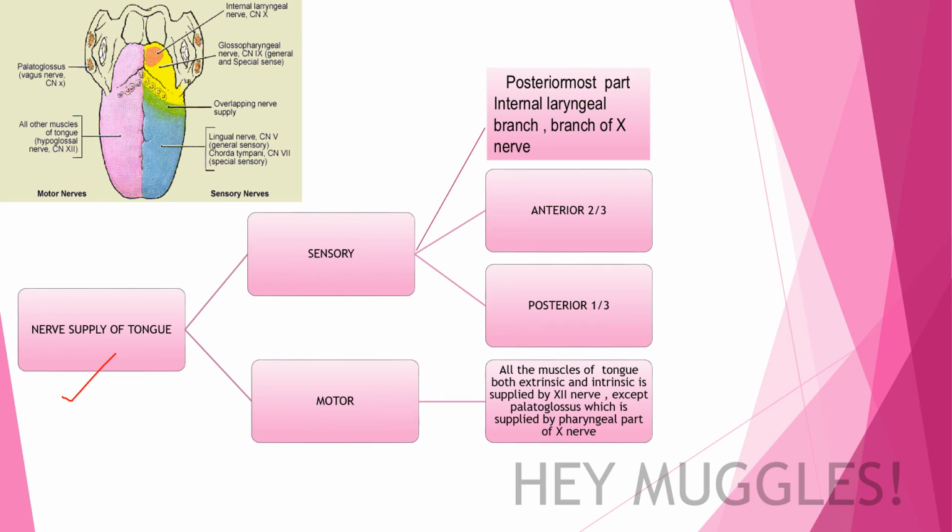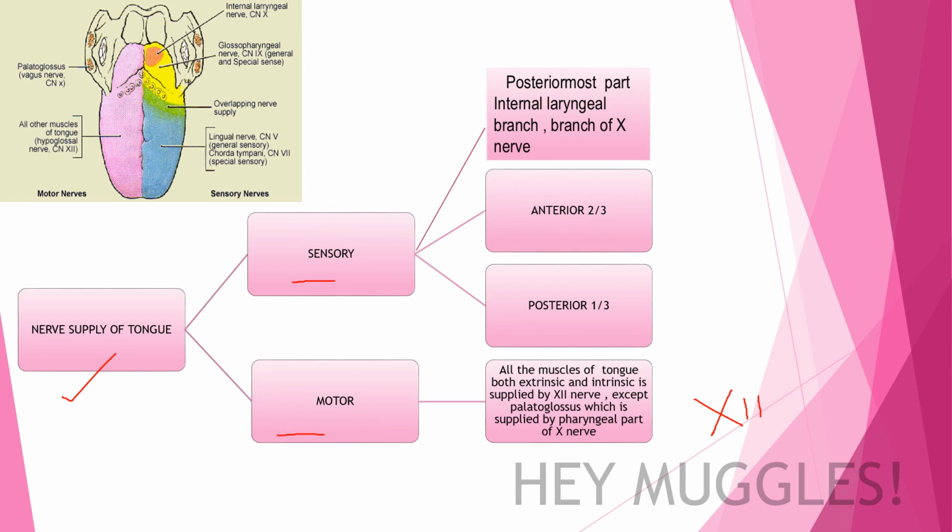We're going to study the nerve supply of the tongue in two parts, that is its sensory innervation and its motor innervation. What is meant by motor innervation? Motor innervation is by the efferent nerves that transmit impulses from your spinal cord and brain to the muscles of the tongue, right? The hypoglossal nerve, that is your 12th cranial nerve, provides the motor innervation to all the intrinsic and extrinsic muscles of the tongue except the palatoglossus.